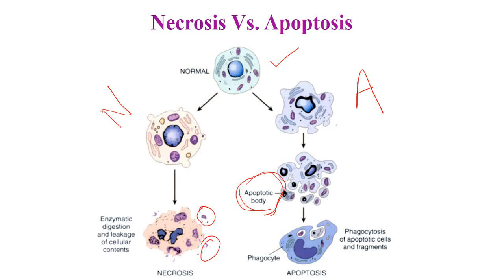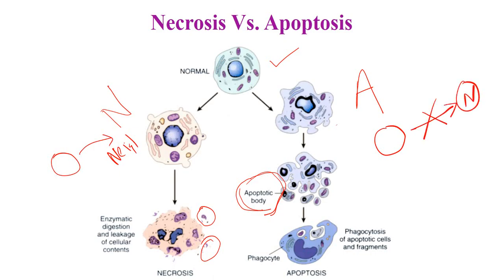He won't disturb even the nearest person of his or her life. Whereas necrosis is more like a show-off. The person will indulge in screaming, shouting. In other words, in necrosis, one cell will damage the neighboring cell. In apoptosis, one cell will have no effect on the neighboring cell. So these are the highlights using the diagram.